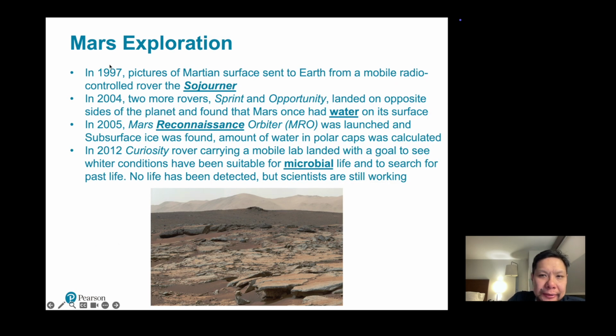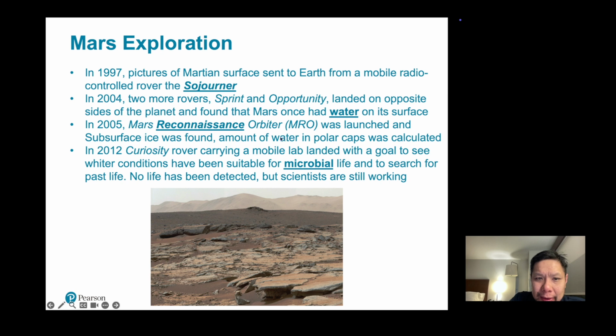So here we go. In 1997, pictures of the Martian surface were sent to Earth from a rover called Sojourner, right? And then in 2004, Spirit and Opportunity also landed on Mars and found that Mars once had water on the surface. And then in 2005, the Mars Reconnaissance Orbiter, or the MRO, was launched, and it found subsurface ice.